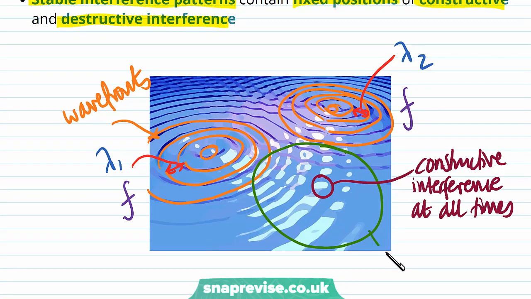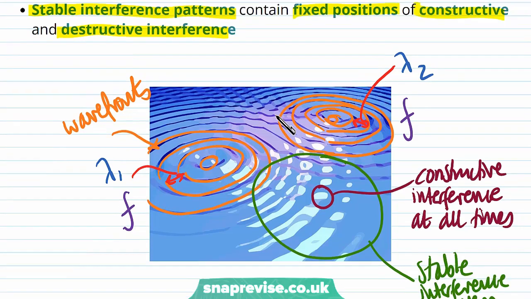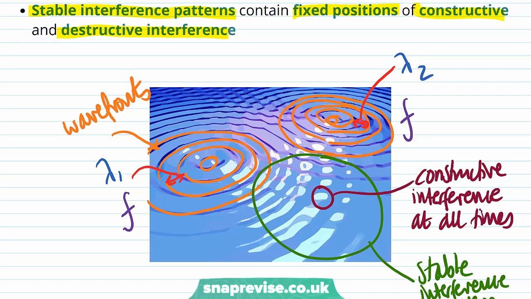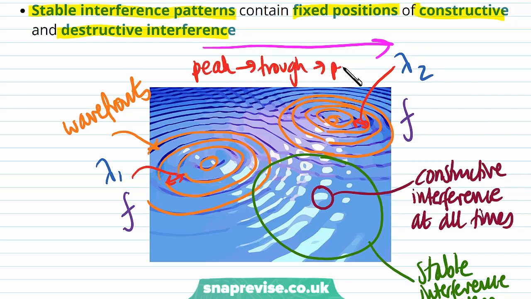In this part here, where the two waves overlap and interfere, we get a stable interference pattern. And as we said, for that particular point, over time, it oscillates between a peak and a trough. So it goes from a peak to a trough, then to a peak again, and then to a trough again, and so on. So at that point, we always have maximum constructive interference, so it oscillates up and down.